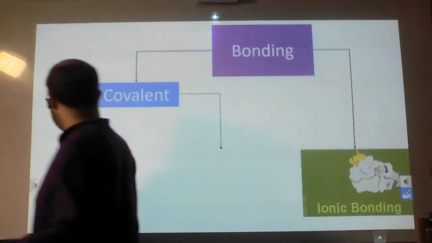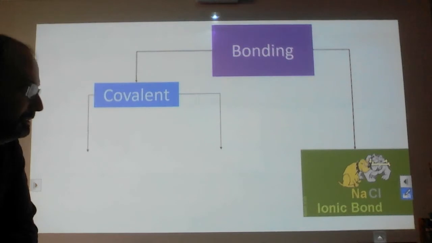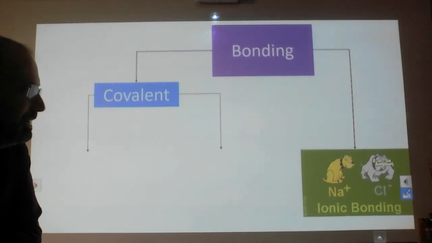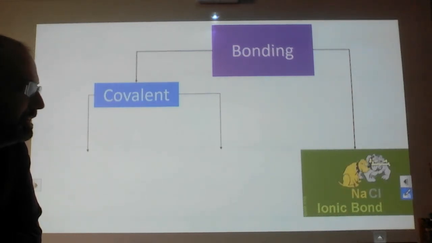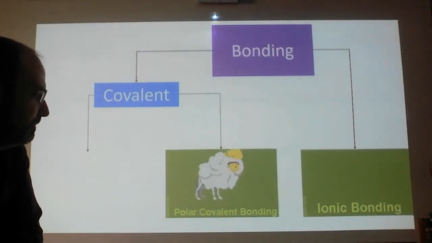Another way to look at it, there's our ionic, right? We got a dog with a bone. The two of them get in a fight, and the bigger dog gets the other bone. And then, since they're both positive and negative, they attract. Then you got this one.